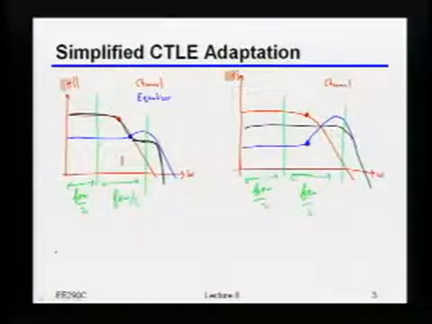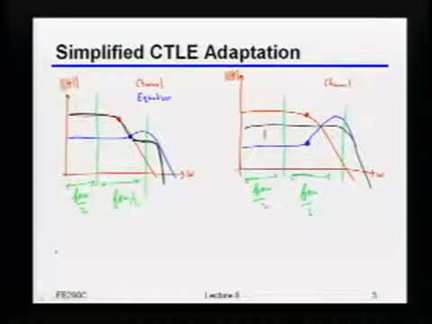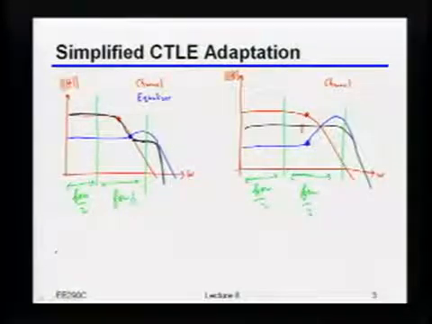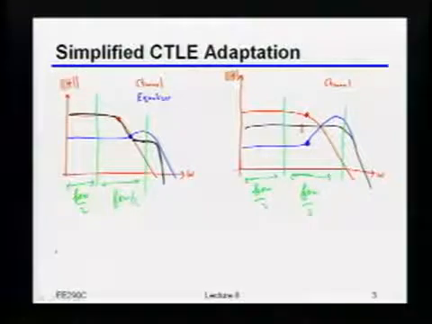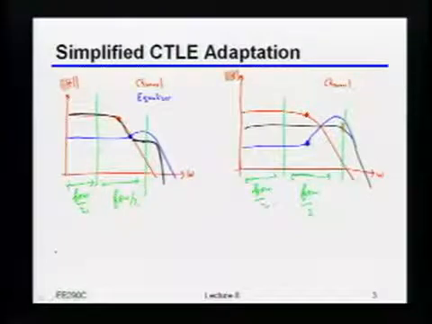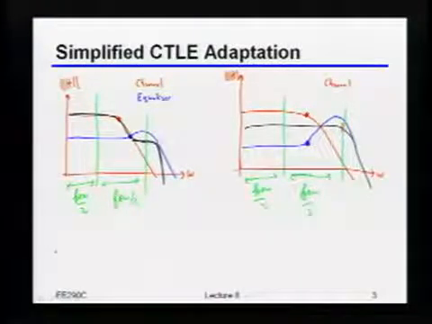Whereas over here, when I've adapted things properly, in the lower half I should have the same amount of energy as in the upper half. Now, when I say half, it's not necessarily exactly half, because remember, I don't put the pole at exactly the Nyquist frequency. But at least conceptually, you can think of things that way.